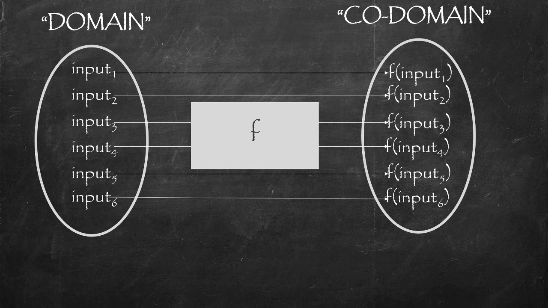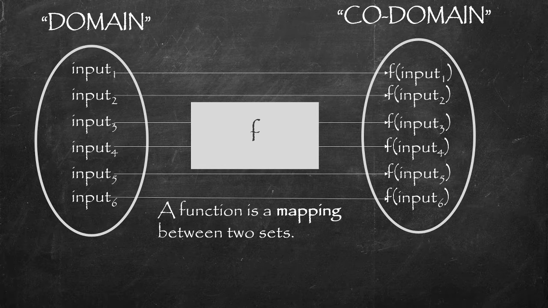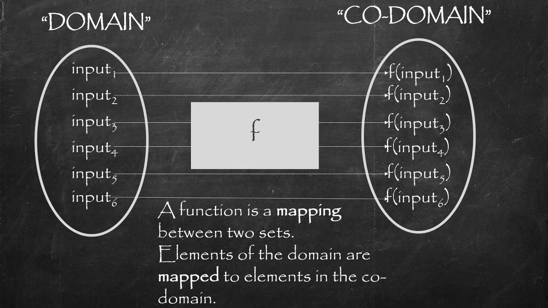The codomain is basically the set to which your outputs always belong. So in some sense, you can think of the domain as the source and the codomain as the destination. So a function is a mapping between these two sets. It's a mapping between the domain and the codomain, such that elements of the domain, which is what we've been calling inputs, are mapped to elements in the codomain, and therefore a correspondence is created between elements in the domain and elements in the codomain.